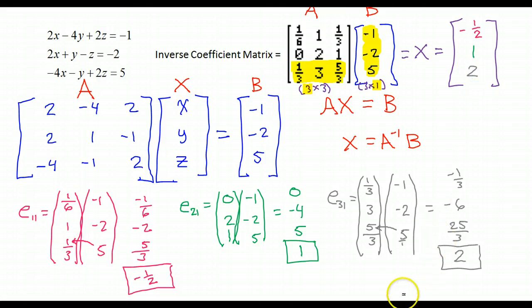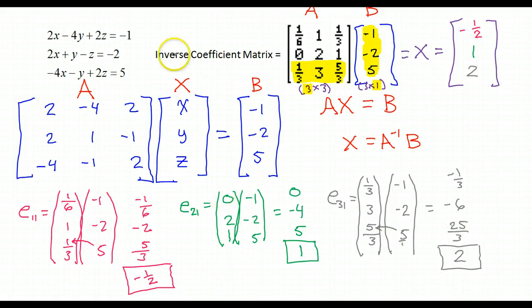So that's 2. All right, so because the way we set it up, we know that matrix X is X, Y, and Z in that order. So that means that's X, this is Y, and this is Z. Okay?